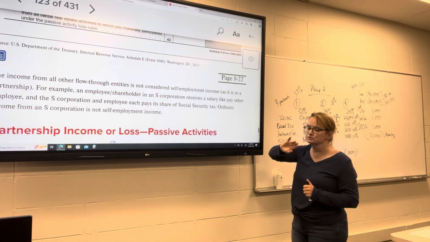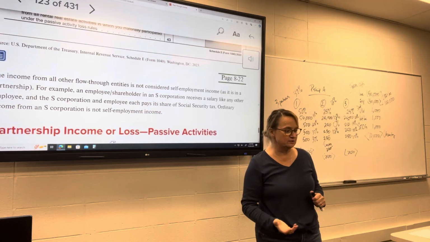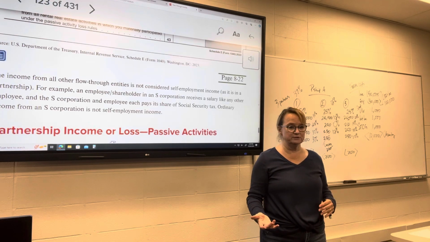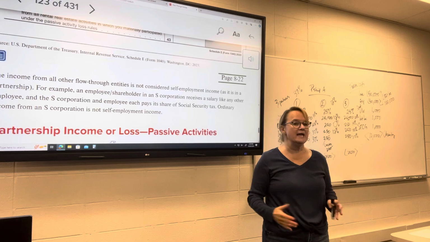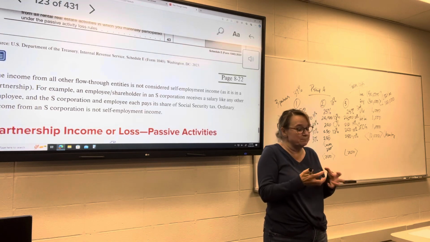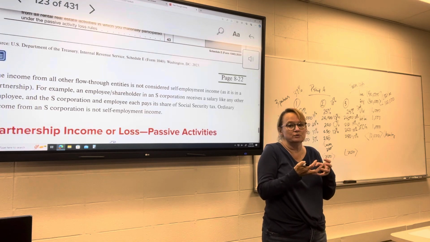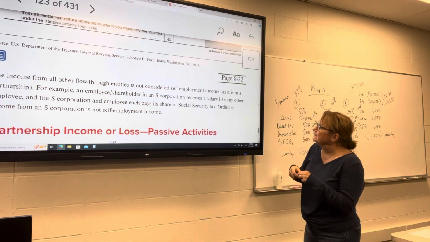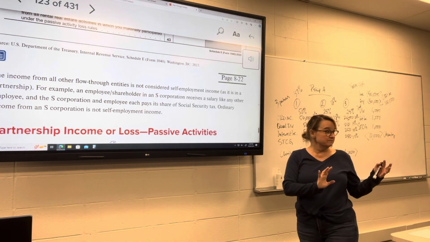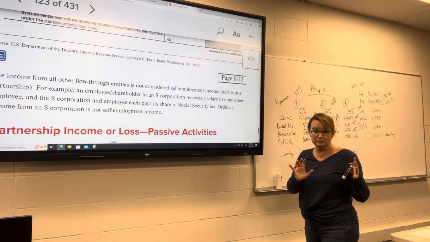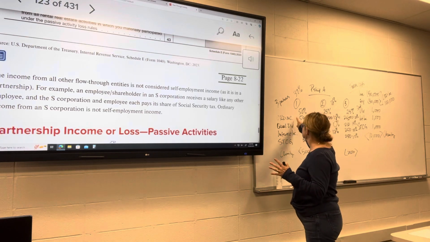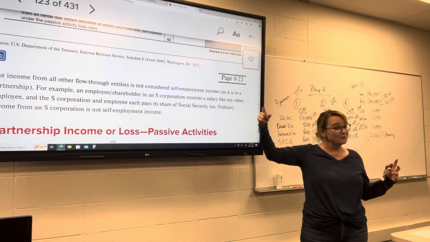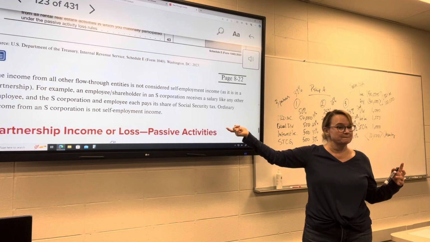Partnerships are just Schedule C businesses that are owned by more than one person. So all the same rules apply. It's just that it gets a little weird when you put it into this separate tax return. Because it's just a Schedule C business, this income, like the ordinary income, is subject to self-employment tax as well as those guaranteed payments.